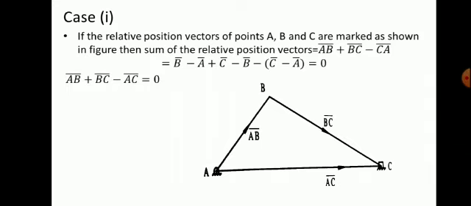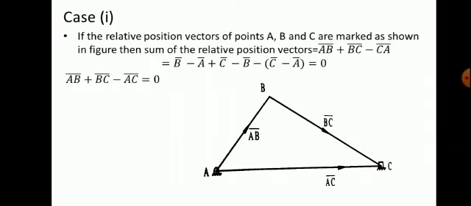In Raven's method, the links of the mechanisms are replaced by vectors and the vector equations are obtained by equating the resultant of the vectors around every closed loop to 0. That is why you already studied what is the closed loop equations approaches.